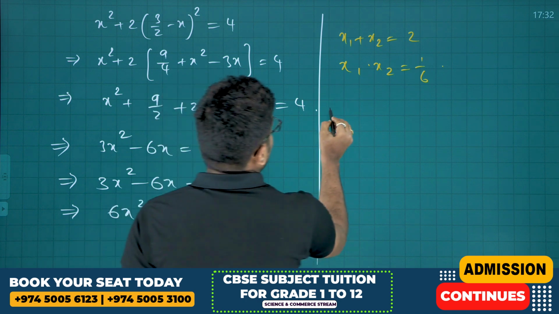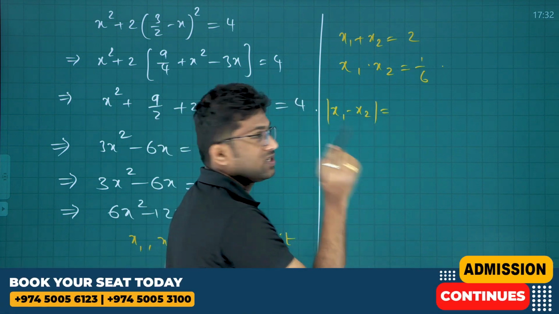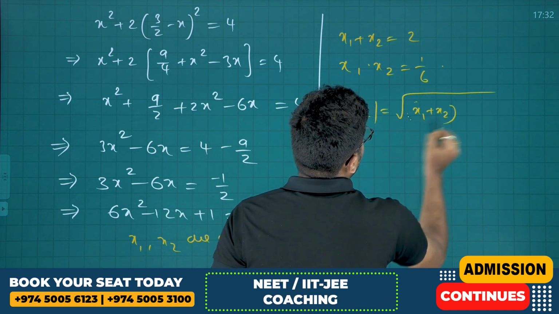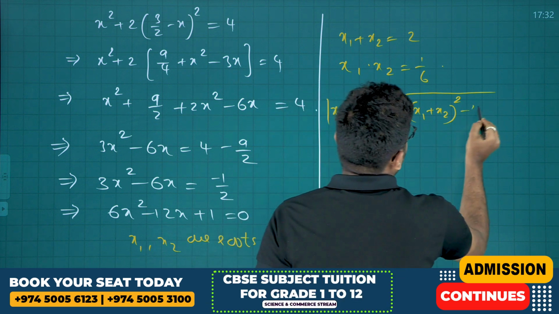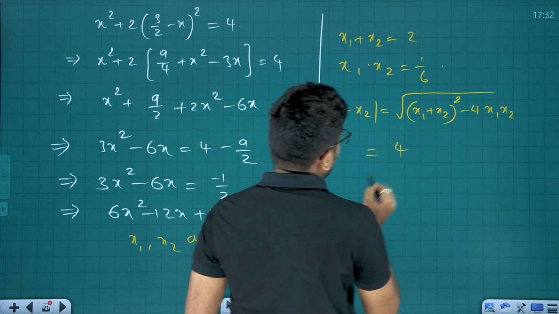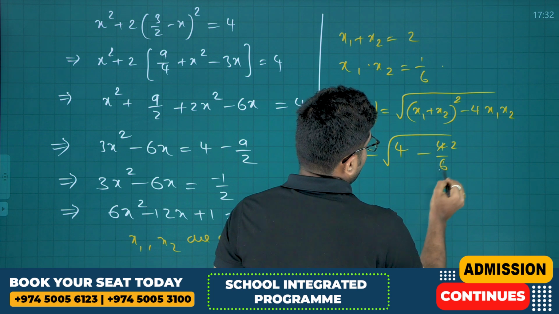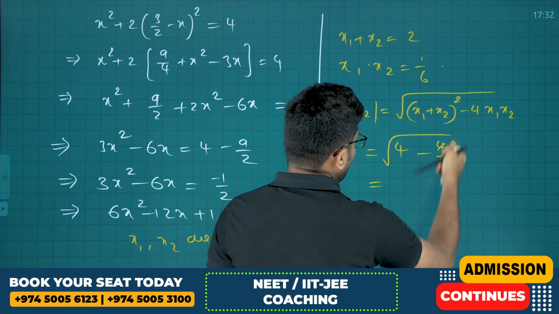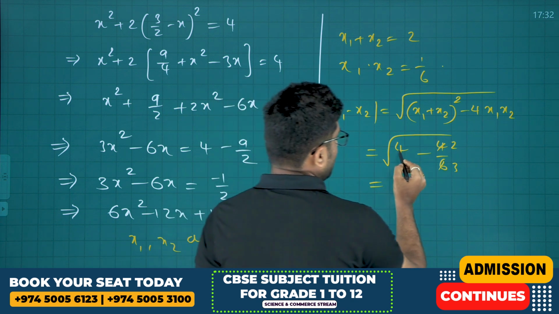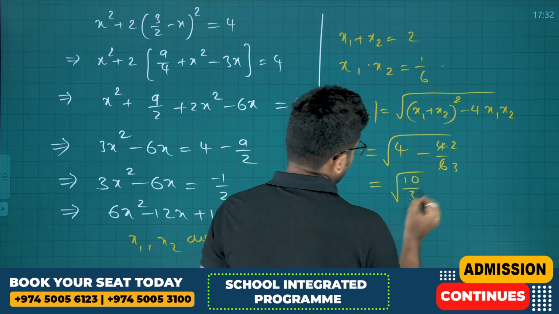So now we actually need mod of x1 minus x2. Mod of x1 minus x2 we can write as square root of (x1 plus x2) whole square minus 4 times x1 into x2. So that is 4 minus 4 by 6, which is equal to 3 4s are 12, 12 minus 2, root over 10 by 3.